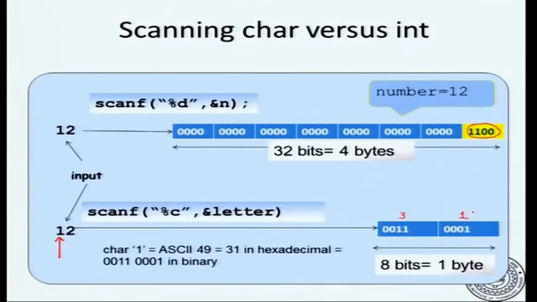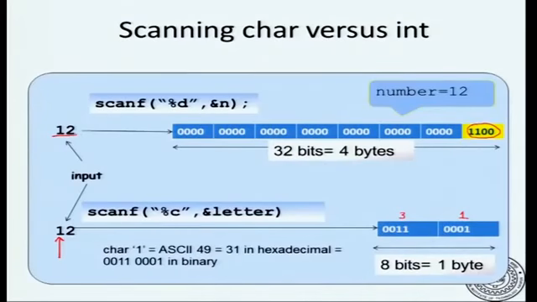So when you scan the input into a character variable called letter, letter will have the hexadecimal value 31, or ASCII value 49, which corresponds to the character constant 1. So this is the difference between scanning a given input as a number and scanning it as a character.